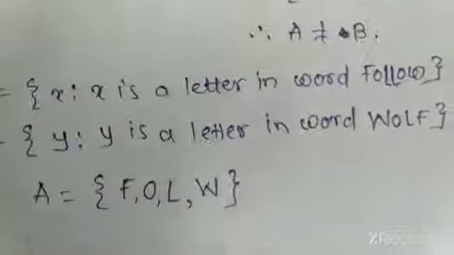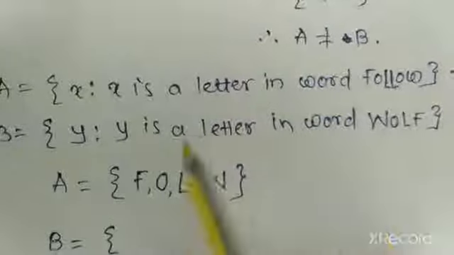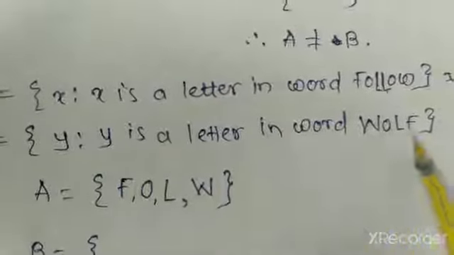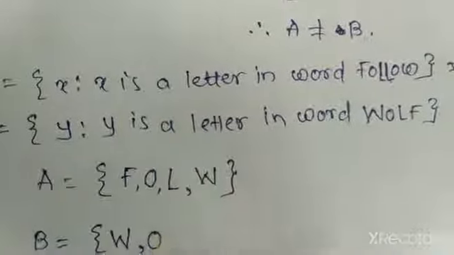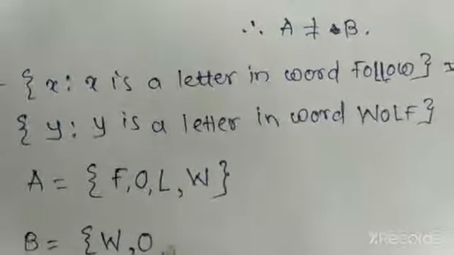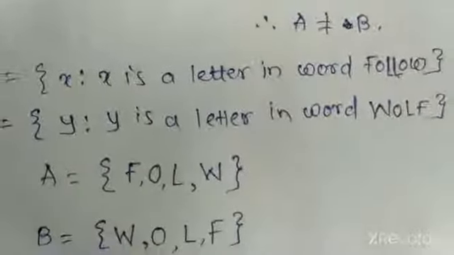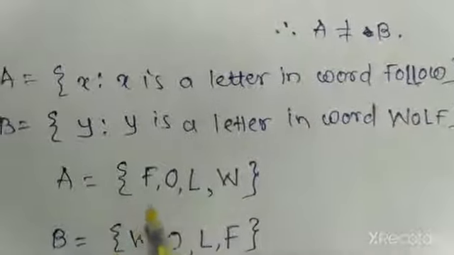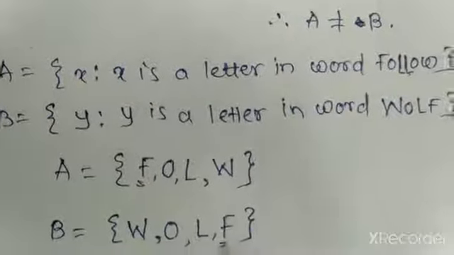Now similarly for set B, y is a letter in the word WOLF, so first W, second O, next L, and last F. Now in set A, F is there, and in set B also F is present.